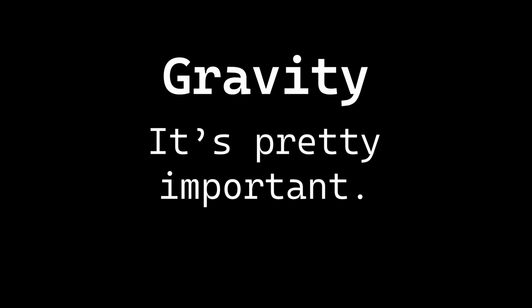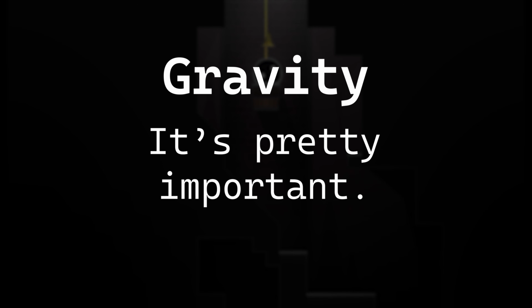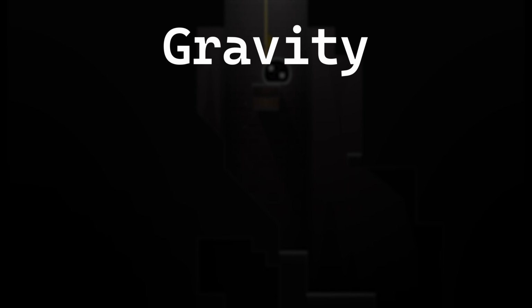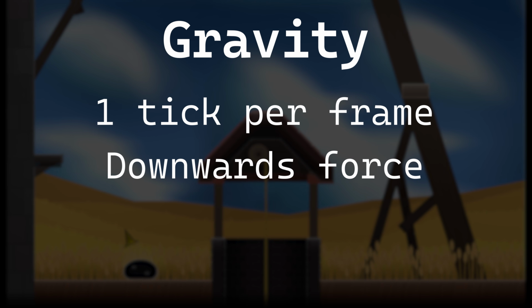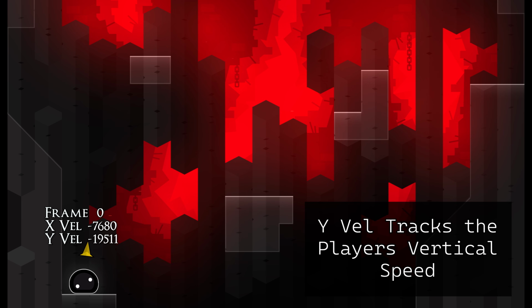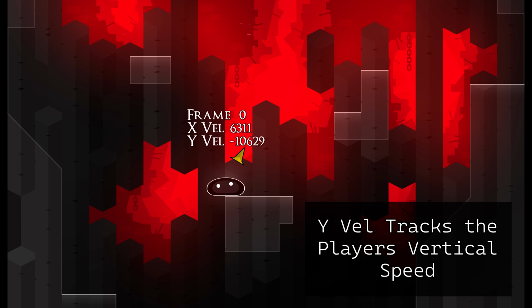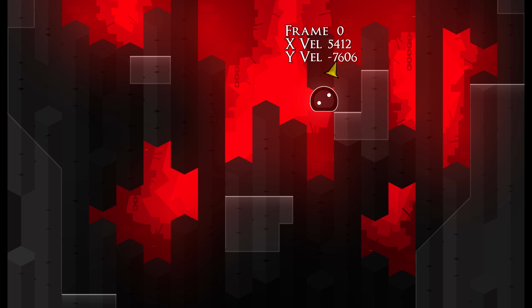Let's talk about gravity. As I mentioned before, gravity is very simple. While we're moving in the air, every single frame a stacking downward force is applied up to a certain speed. When in the air, the velocity the player is moving at starts to get tracked. Using this number, we can easily tell when we're going too fast to continue applying gravity.